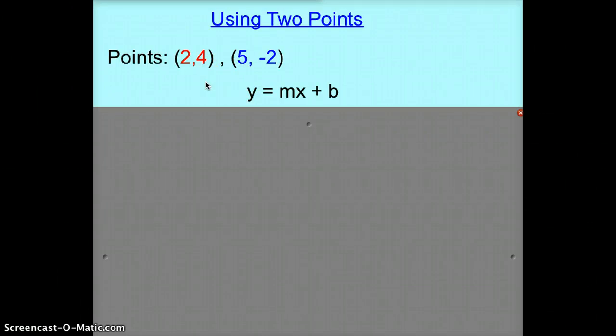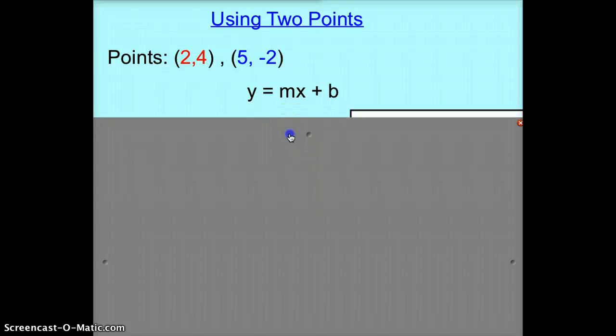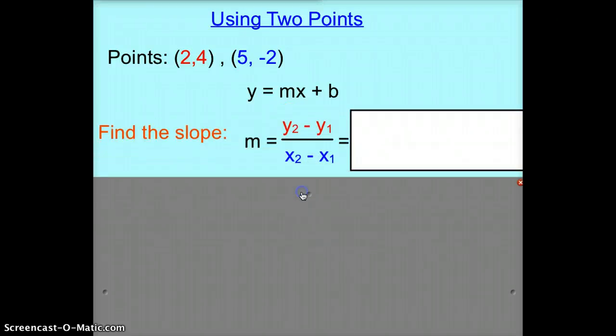Think back to how you find slope from 2 points. We're going to use our slope equation, y2 minus y1 over x2 minus x1. You can go ahead and label your points x1, y1, x2, and y2. We're then going to fill them in.